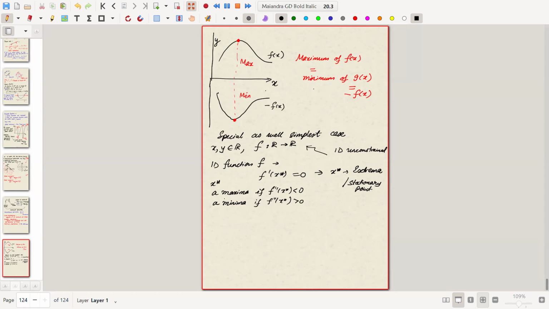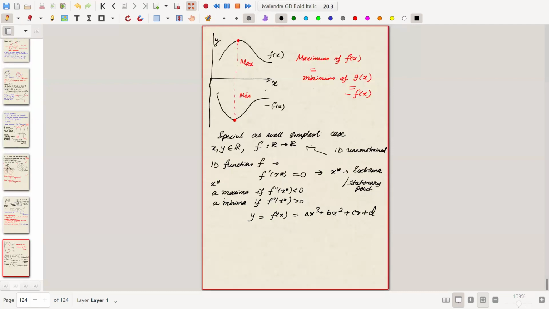Now, what I ask you to do is visualize this, maybe as a plotting exercise. Say you take y equals f of x given by this polynomial equation, ax cubed plus bx squared plus cx plus d.